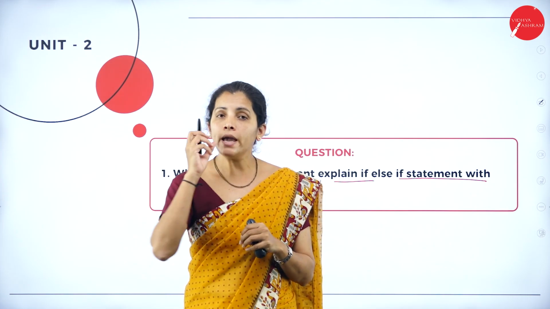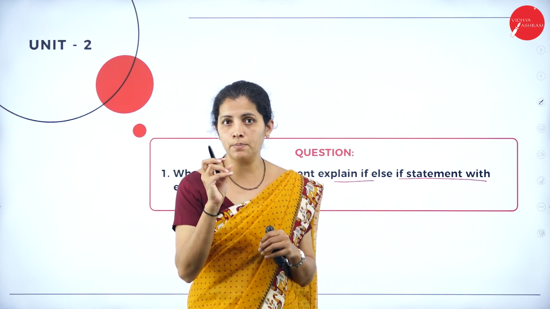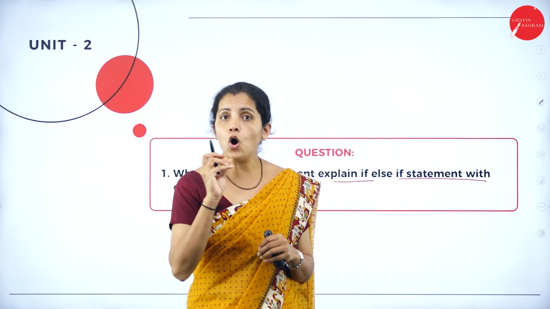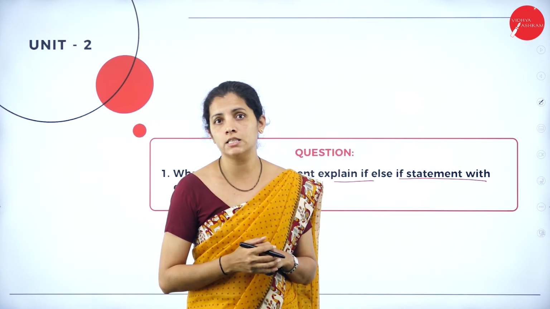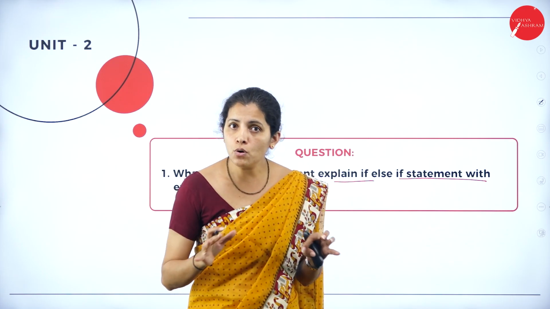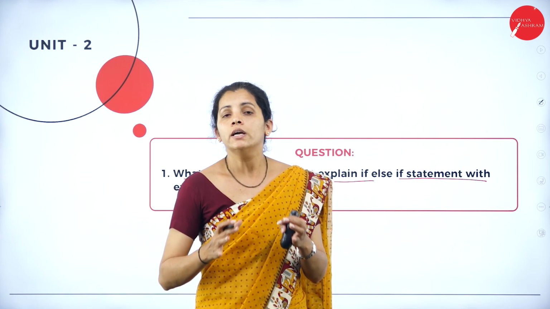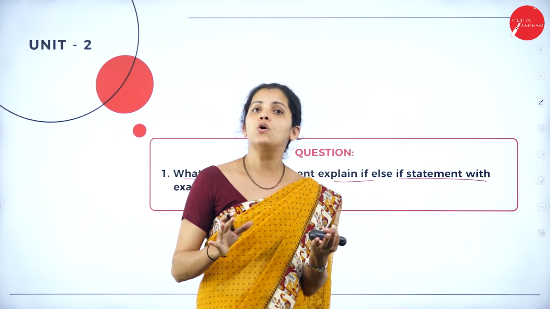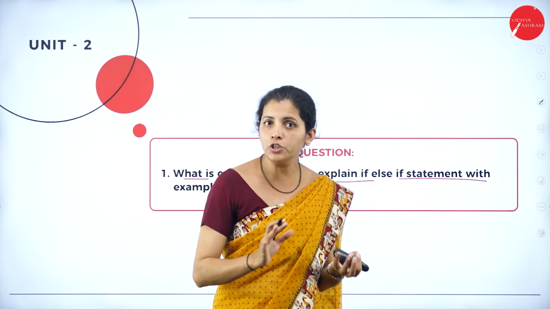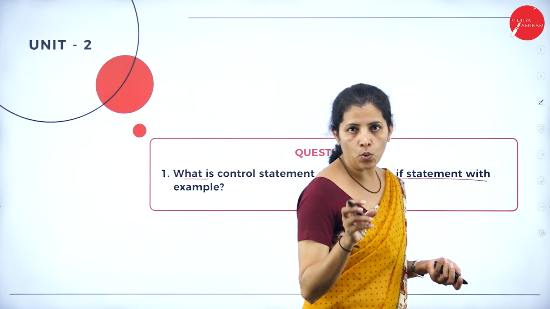Okay. Based on the control statement, the flow of the execution is decided. If we don't have a decision making statement, then it is a sequential flow, or sequential execution, of the program.